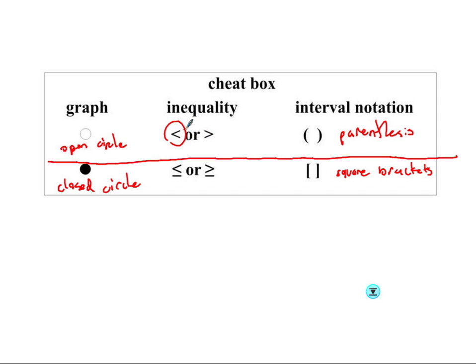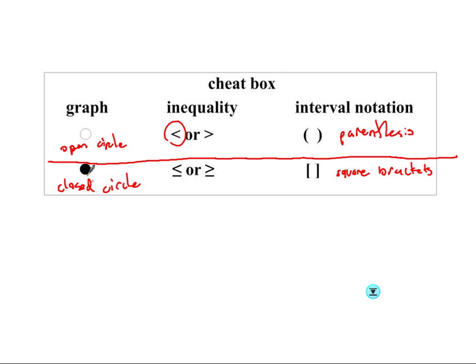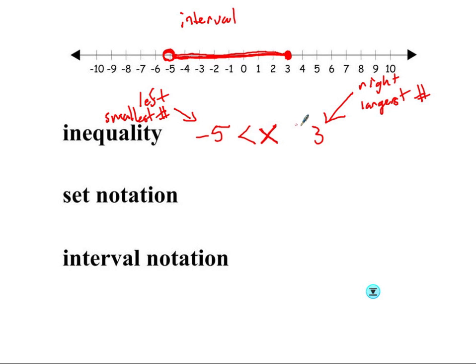So in this case, we're actually going to use less than. And when we look at 3, there's a closed circle. So for a closed circle, we have to use less than or equal to. So finally, this is the inequality notation for the interval.